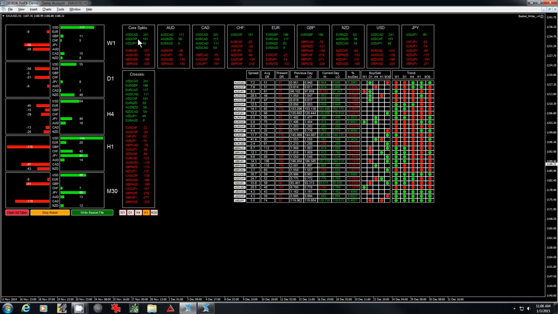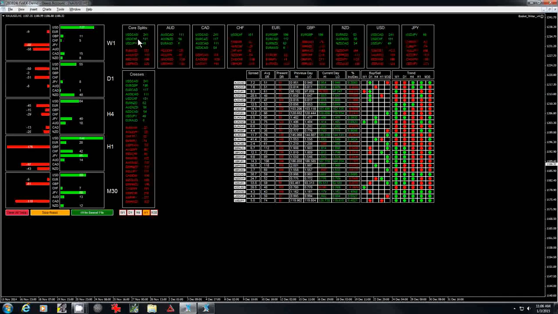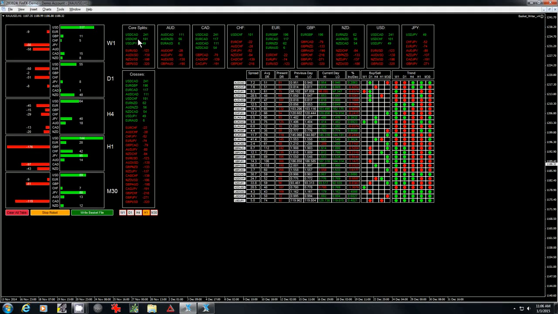Now, since we're going to be looking at the dollar currency pairs to build baskets out of, we can look over here at the 7 that are in the dollar pair basket currency.